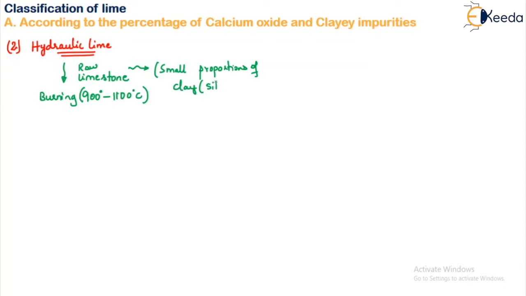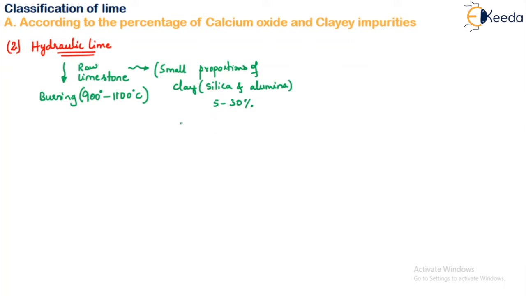The clay may be in the form of silica and alumina. These will be in the range of 5 to 30%.